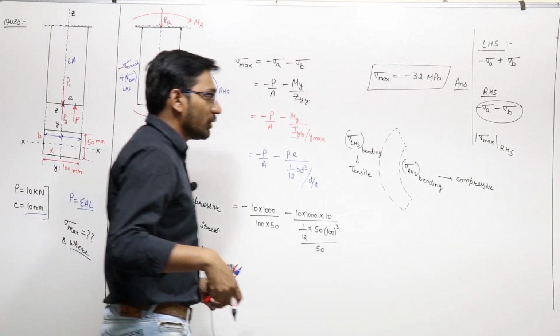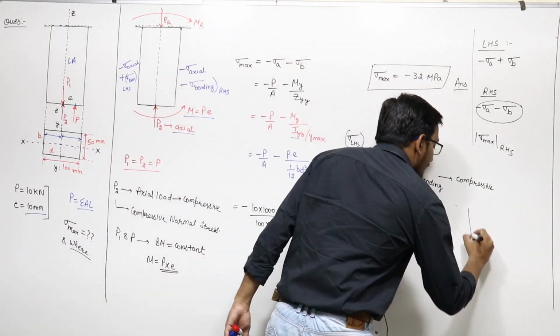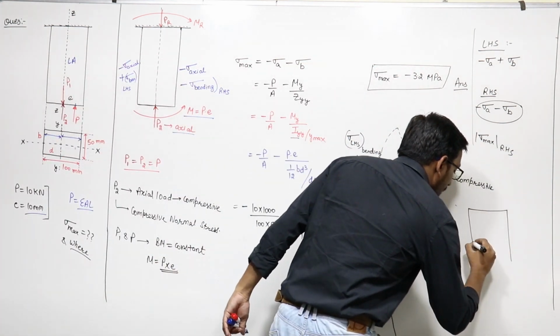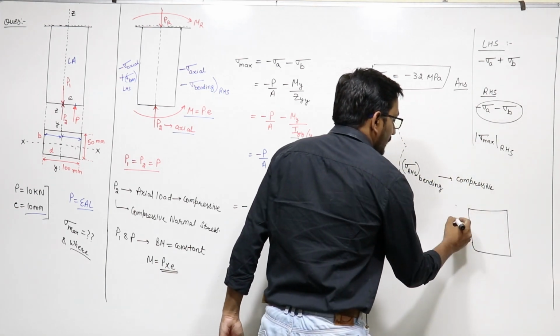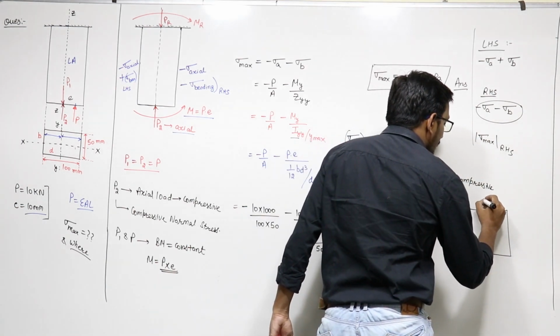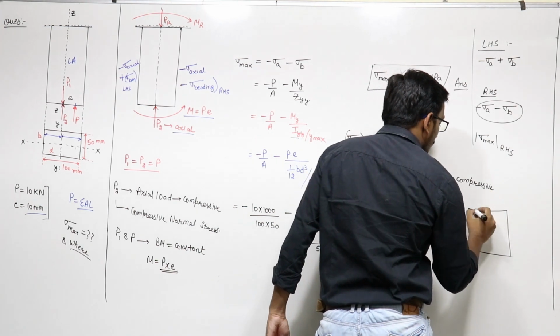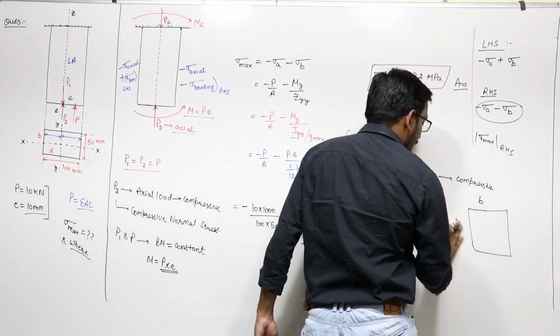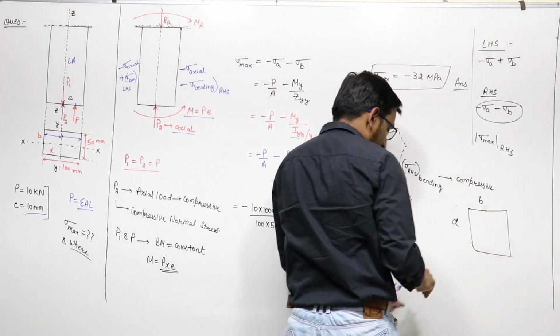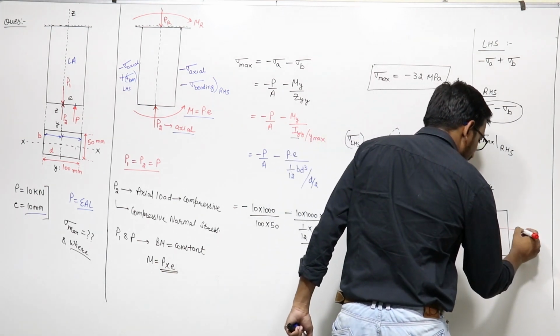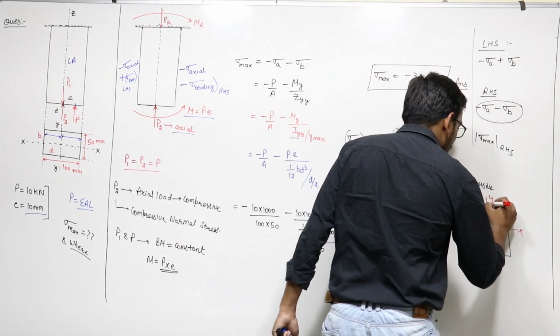So how to remember? If you say this is a rectangle, this is the width b, this is depth d, and you have two axes. Let us say this is x and this is y.